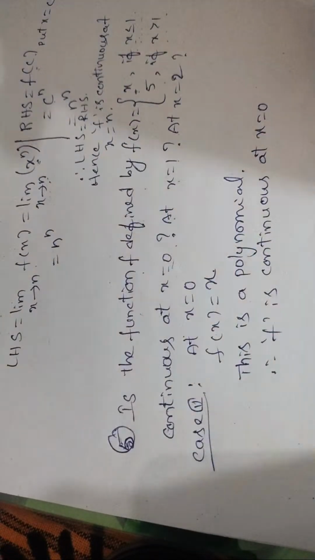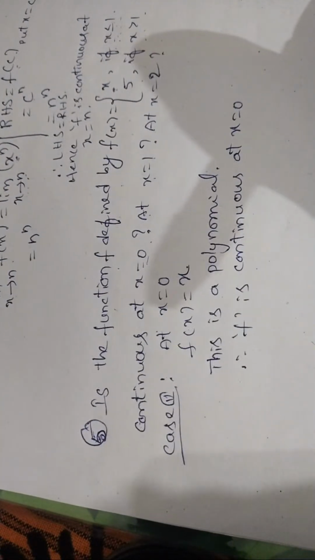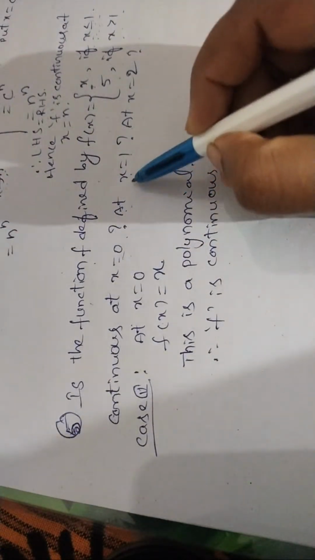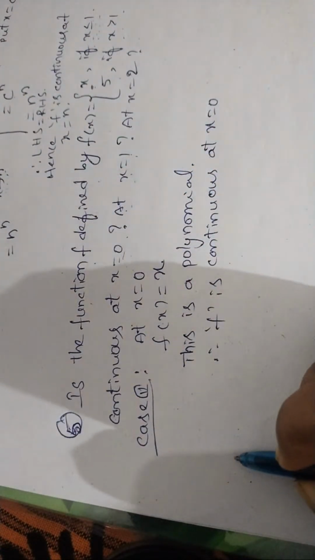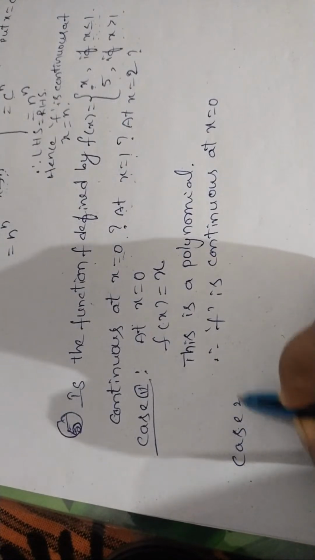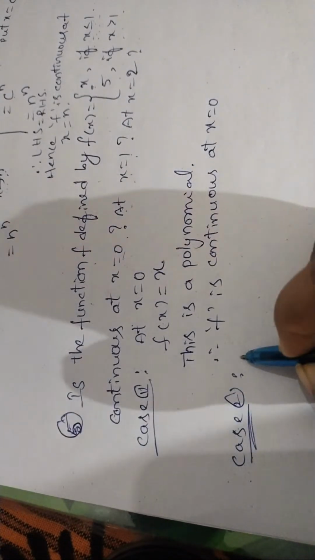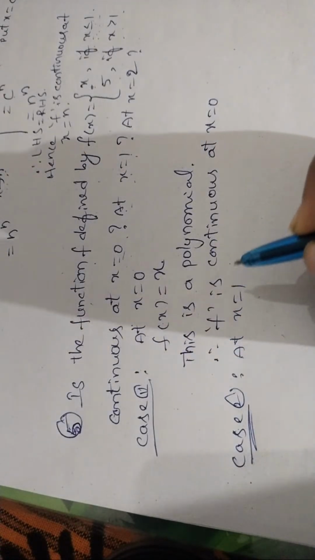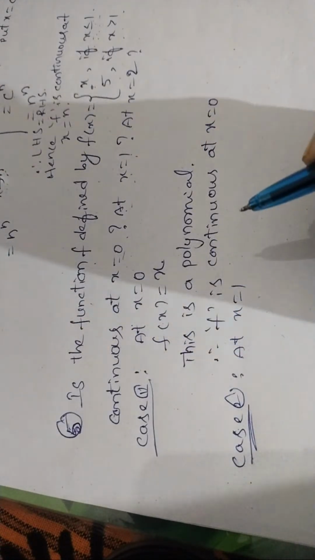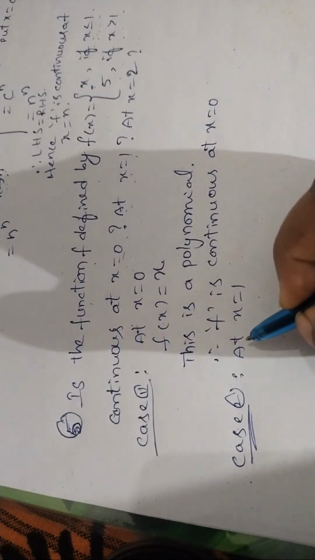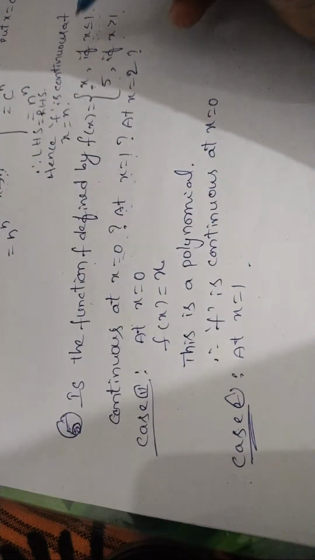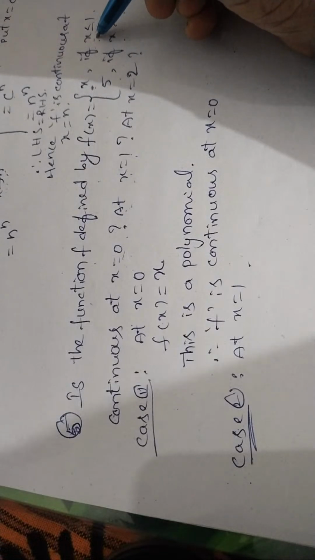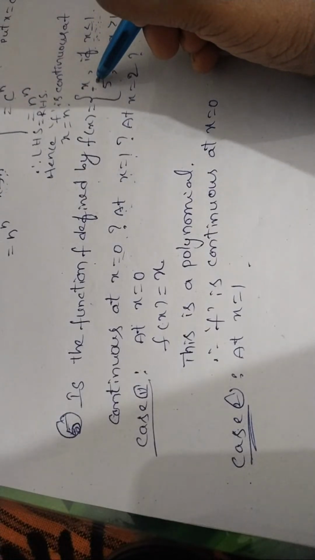Next, case 2, at x equals 1. At x equals 1, is the function continuous or not? We are going to check the condition. When x equals 1, the function is x.